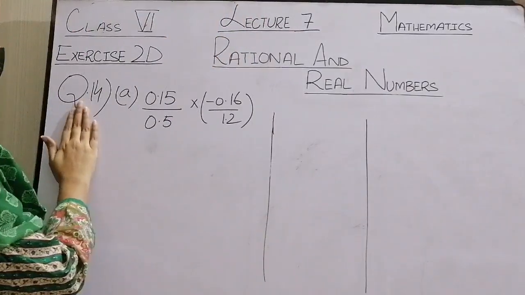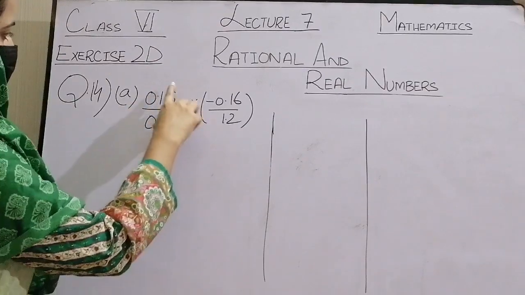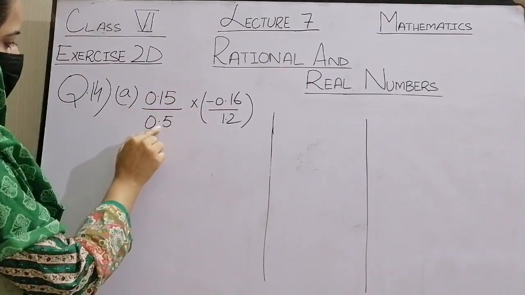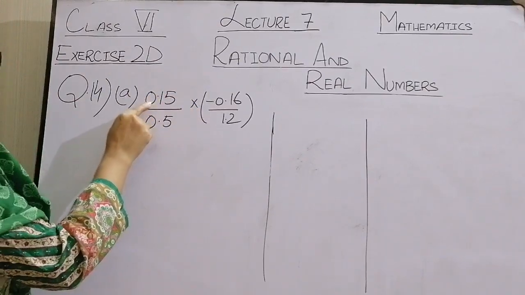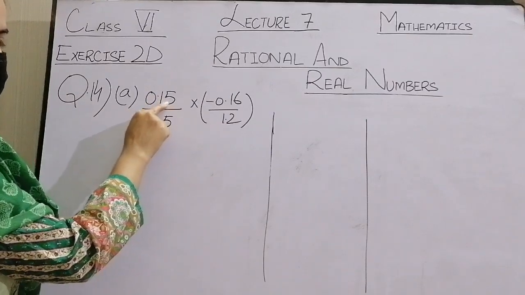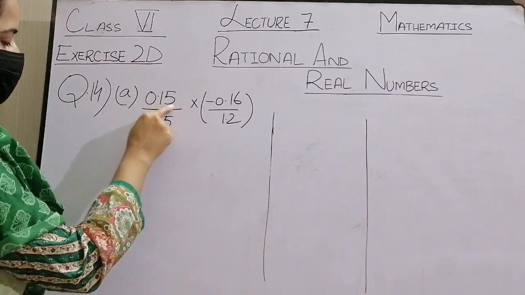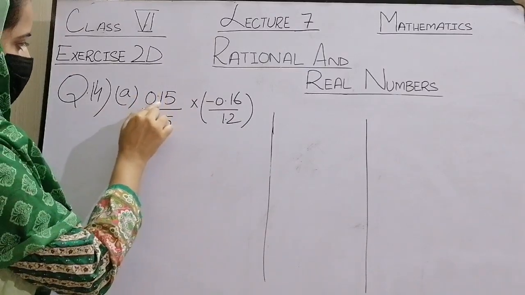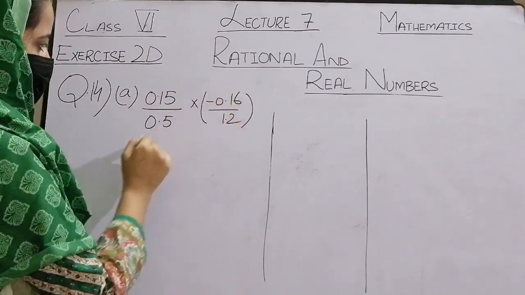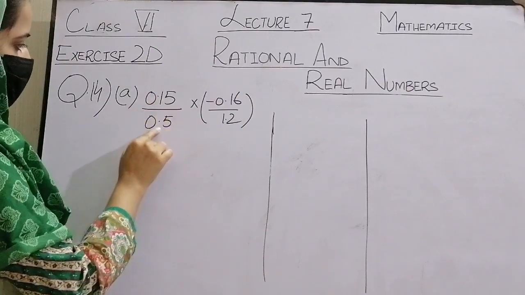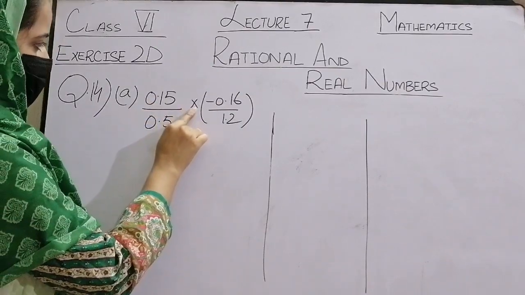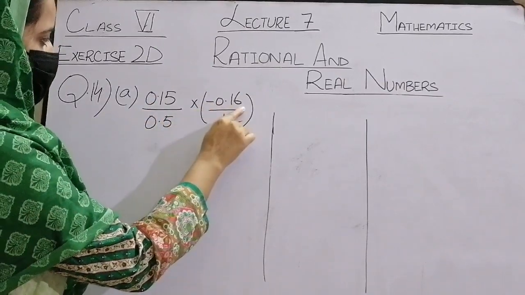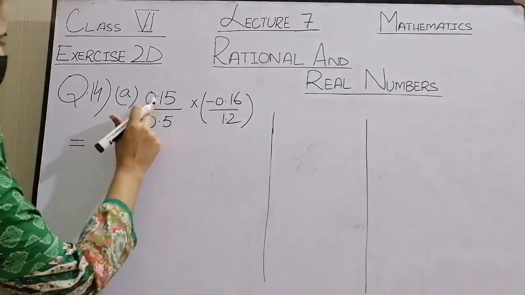Question number 14 part A. It is 0.15 over 0.5 multiplied by minus 0.16 over 1.2.